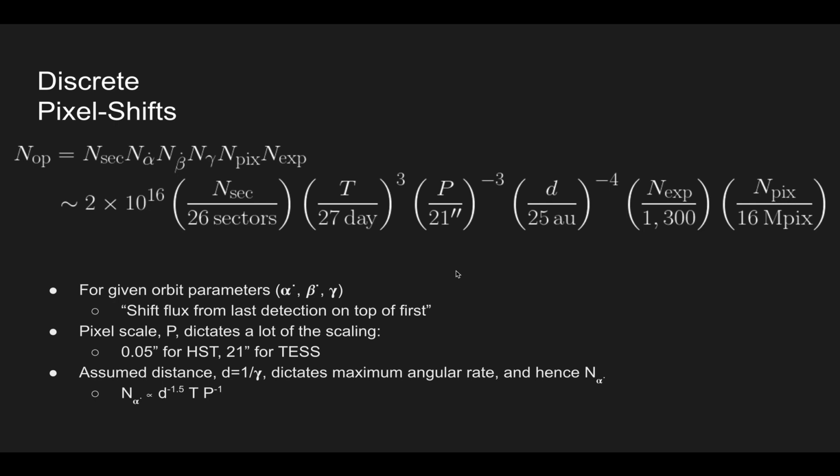So that makes TESS data really easy to search in comparison. Whereas the HST data was searching just on a much shorter, around about 1 day time span, and they had many fewer exposures, around 50. And so it works out weirdly that the order of magnitude number of calculations that need to be performed to search the outer solar system is pretty much the same.